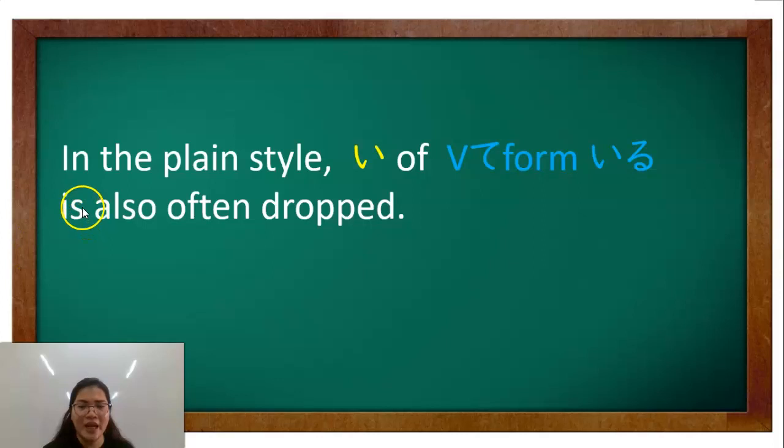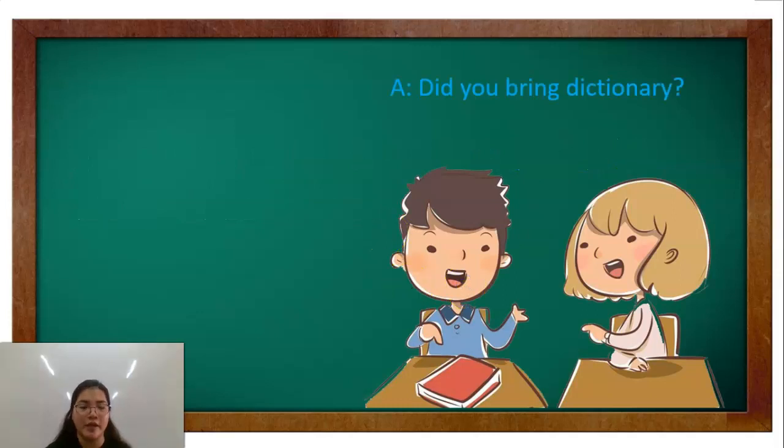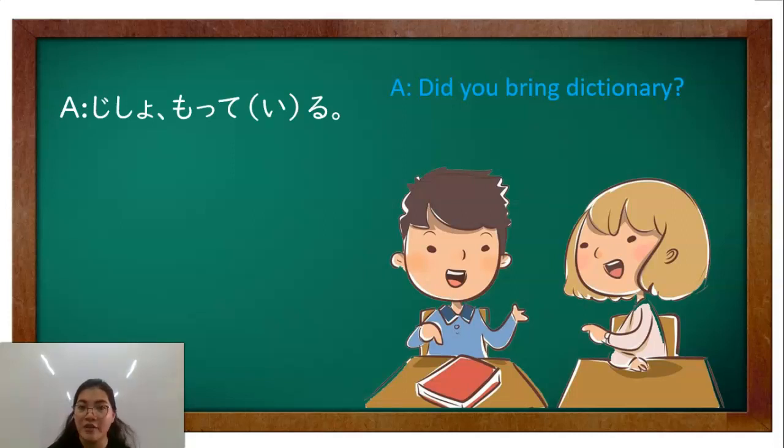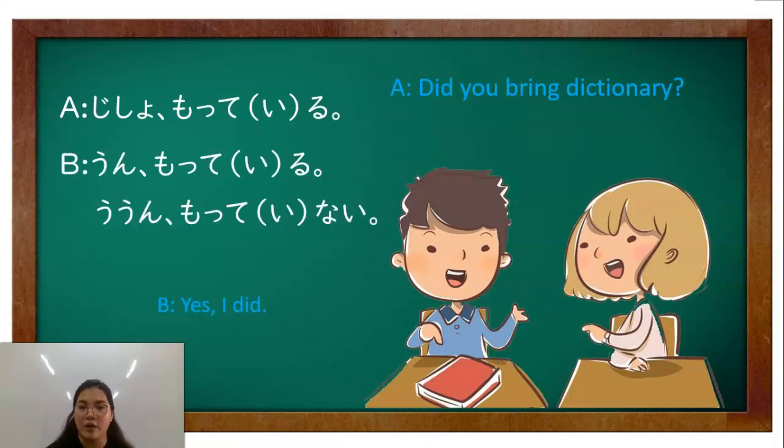Okay? Now, in the plain style, e of verb te form iru is also often dropped. So, sa verb te iru, nawawala si e dito. For example here, did you bring dictionary? Jisho motteru? Motteru. Yes, I did. Or, in negative, mottenai.